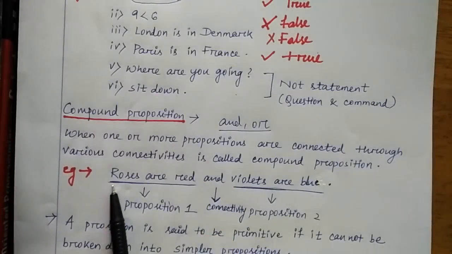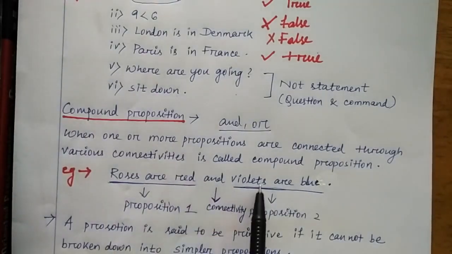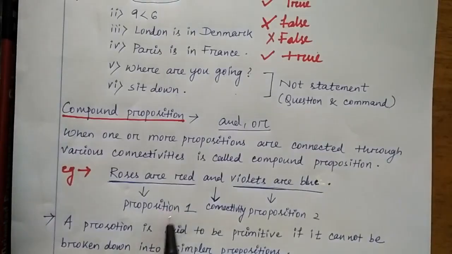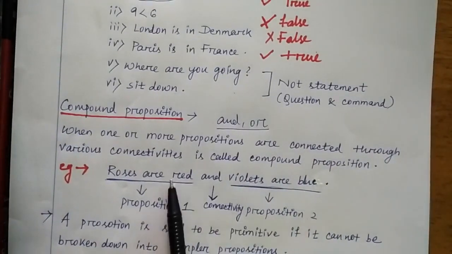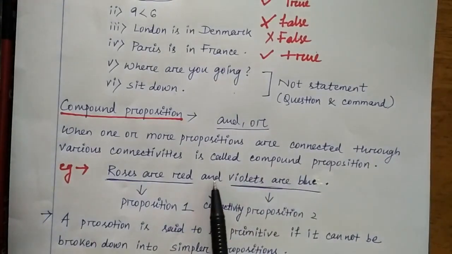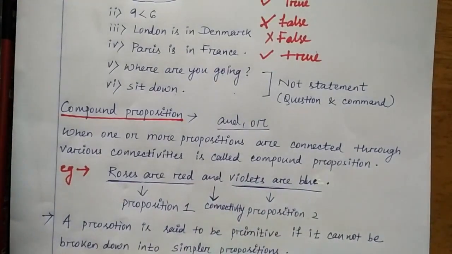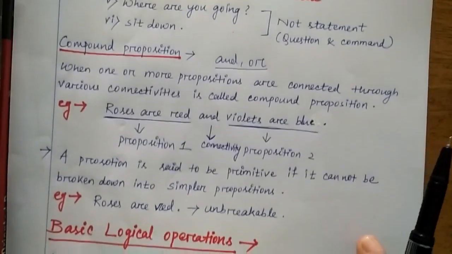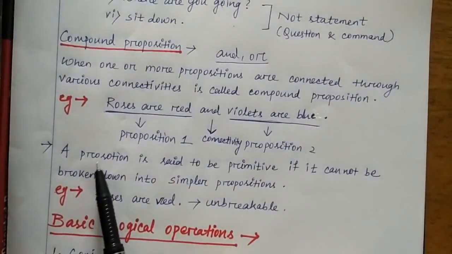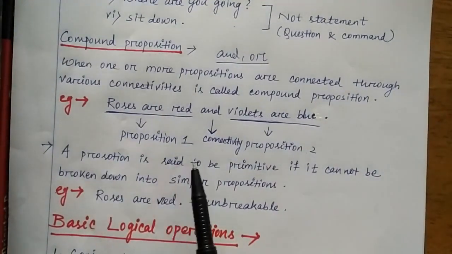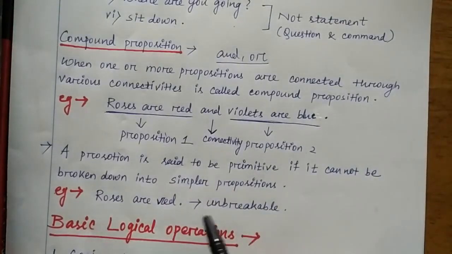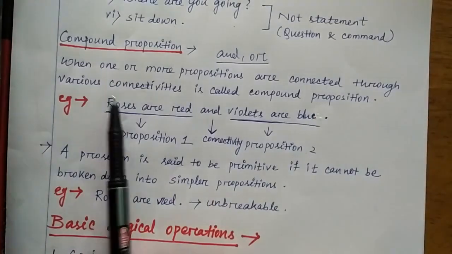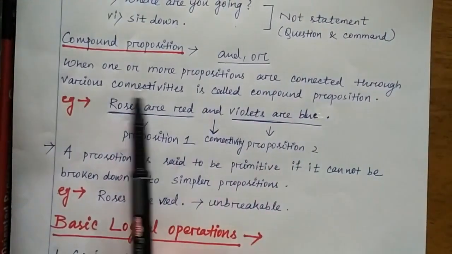Here we can see the example: roses are red and violets are blue. Roses are red is one proposition, violets are blue is the second proposition, and we are connecting both using the connective AND. The next point is that a proposition is called primitive if you can't break it into simpler propositions.